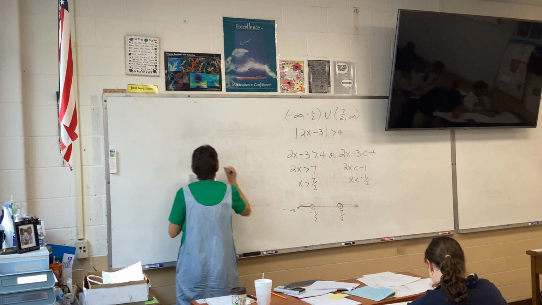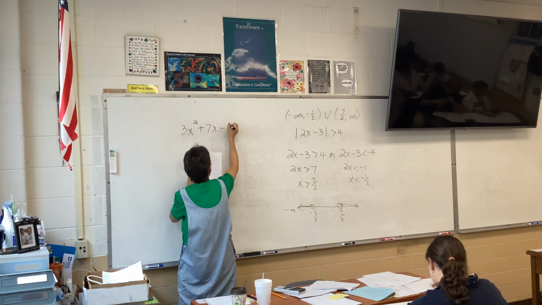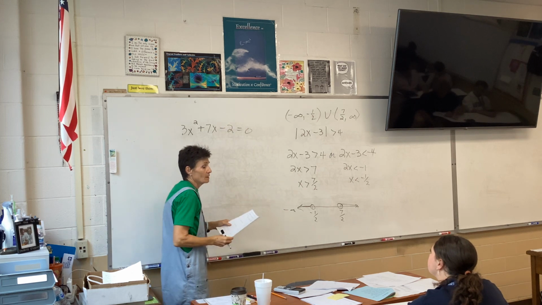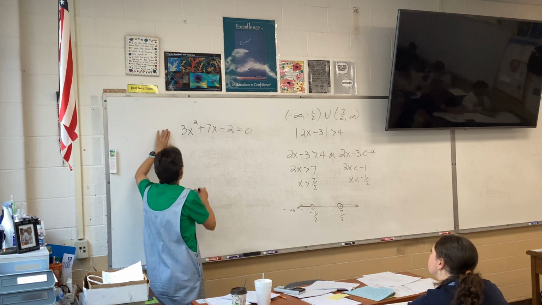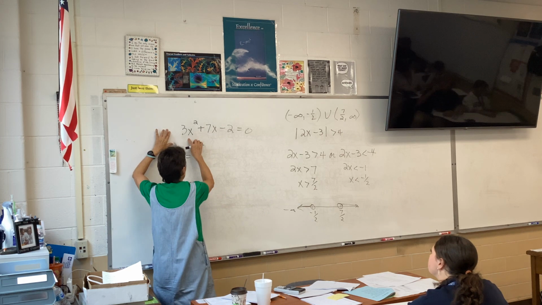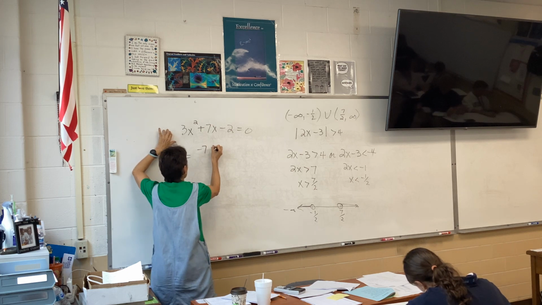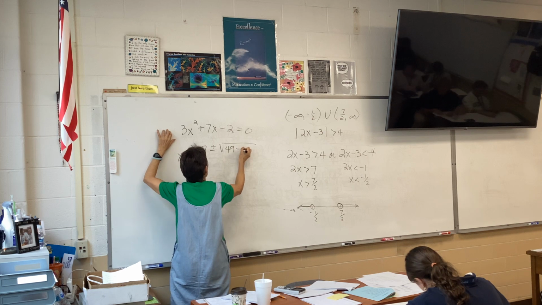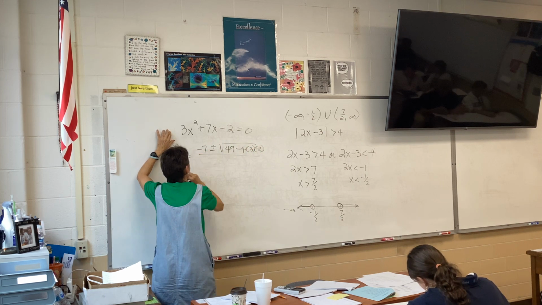But this one, I think the very best thing to do is the quadratic formula. I think that's the easiest. Completing the square will always work, but I don't wanna do it, because I don't wanna divide by 3. So -b plus or minus the square root of b squared minus 4ac all over 2a.